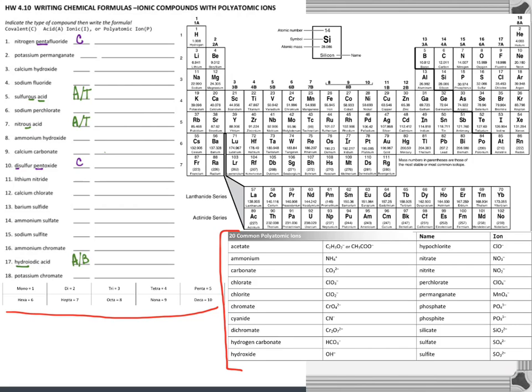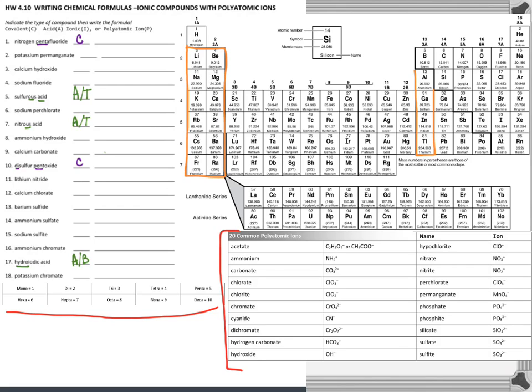All right, so next it gets a little tougher, because next we're looking for ionic compounds, and ionic compounds will have a metal and a nonmetal. We're talking specifically about groups 1 and 2, and also group 13, or basically everything to the left of the zigzag line.